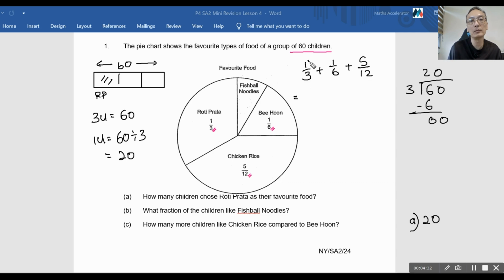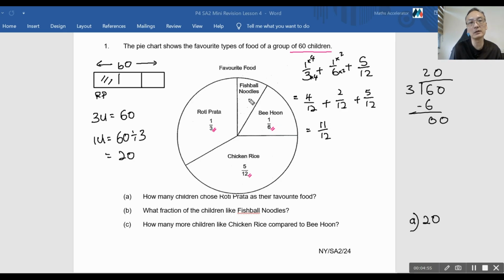So 1/3 top and bottom we need to times 4, and we will get 4/12. 1/6 top and bottom times 2, we will get 2/12, and 5/12 will remain. So 4 plus 2 is 6, 6 plus 5 is 11, so it will be 11/12.